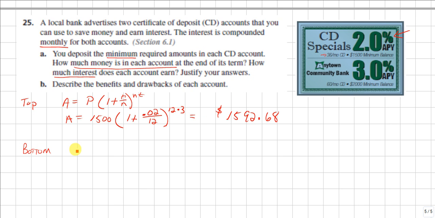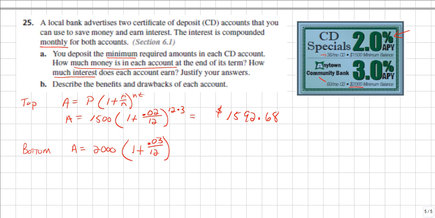Okay, so I'm going to have the ending amount equal to the beginning amount, and if we look over here, I have a minimum of $2,000 that I have to put in the account, times 1 plus, now my interest rate is 3% yearly, so that's 0.03. It's compounded monthly, and it says it's a 60-month CD.